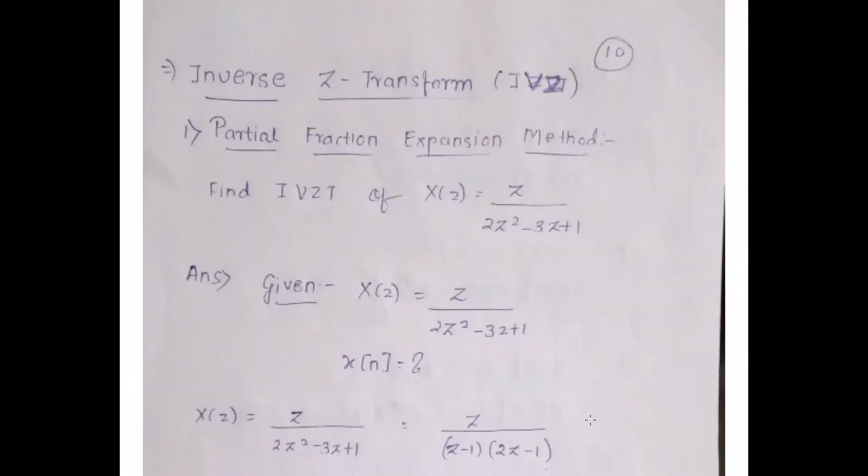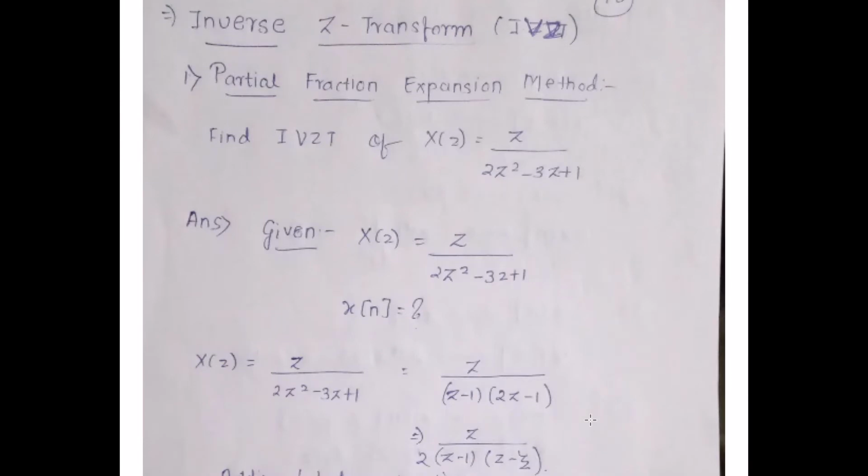Now we'll be solving one particular numerical which is mostly asked in university exams and, to a certain extent, in competitive exams like GATE. So let's try to understand how to find the inverse Z transform of a given Z transform. How are you going to get finally x of n if x of z is given to you?